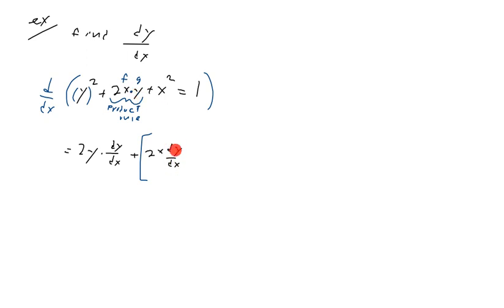So that's easy, right? I did my x part, I got the y part. First times derivative of the second, plus the second, y, times the derivative of the first. Product rule: first times derivative of the second plus the second times the derivative of the first. The derivative of 2x, well, that's just a 2.